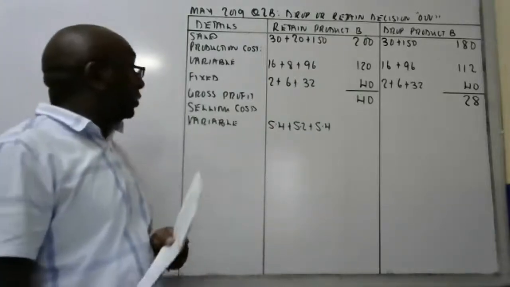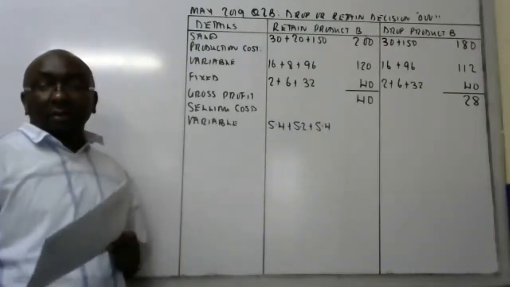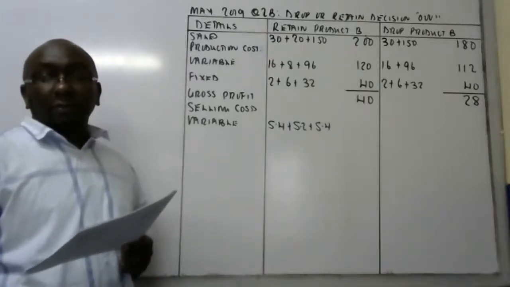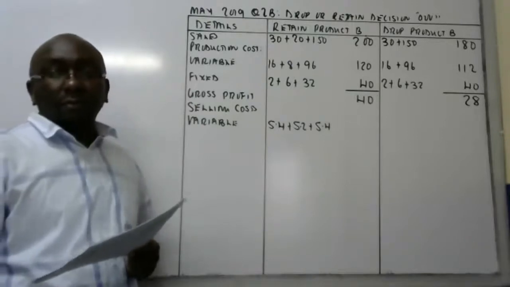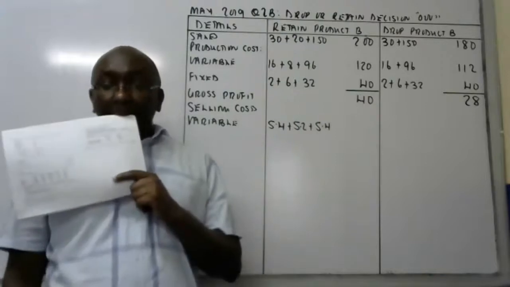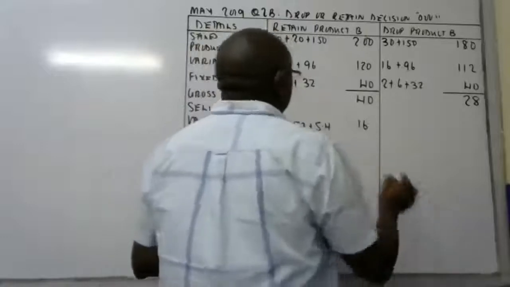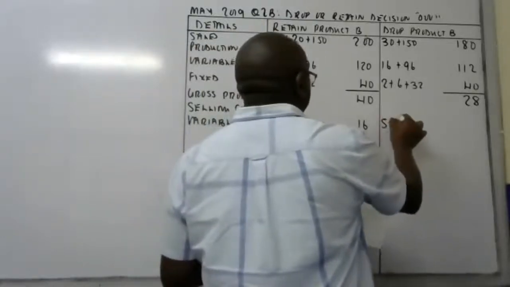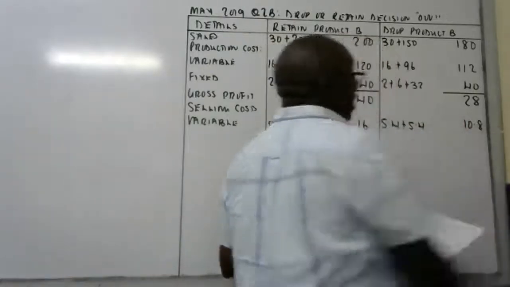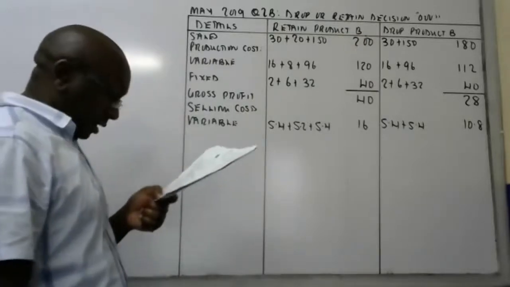That would be how much? That is 16. Then on this side, we will have 5.4 plus 5.4. That must be 10.8, because the one for B will disappear.